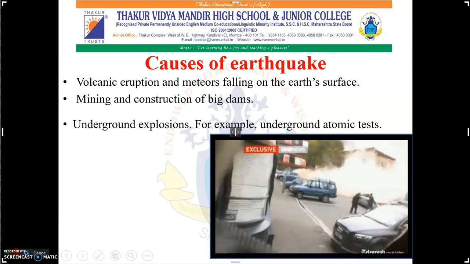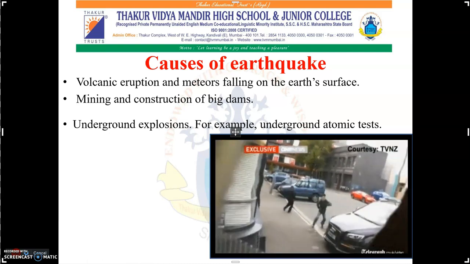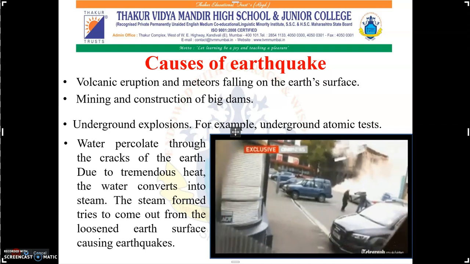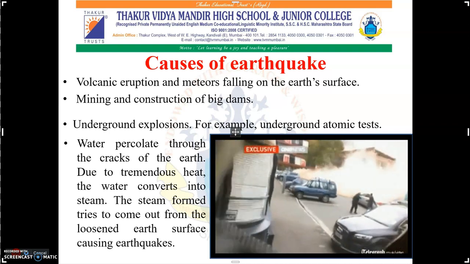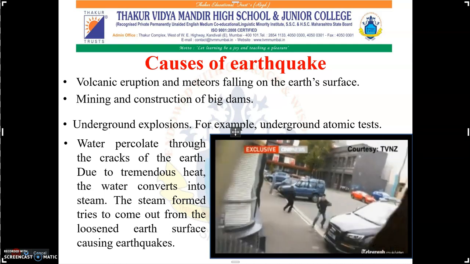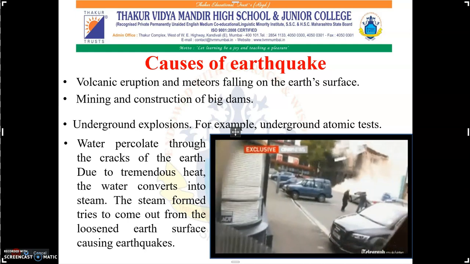Underground explosions, for example, underground atomic tests, can also lead to earthquake. Water percolates through the cracks of the earth. Due to the tremendous heat, the water converts into steam. The steam formed tries to come out from the loosened earth's surface, causing earthquakes.